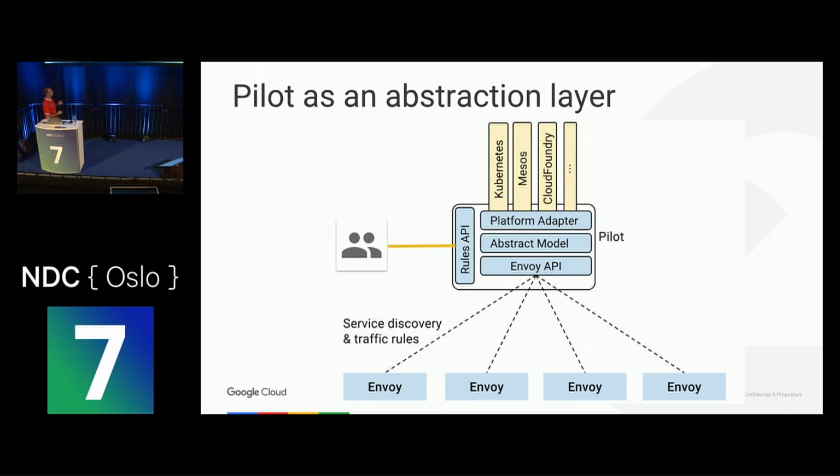But if you're running on Mesos, it will convert to Mesos rules. So it will basically make users unaware of the platform that you're running on. At the same time, envoys, if they want to discover a service or if they want to know the traffic rules, they will talk to Pilot through the Envoy API. And then again, Pilot will ask the underlying platform on behalf of Envoy. So that way, envoys are also abstracted away from the underlying platform.